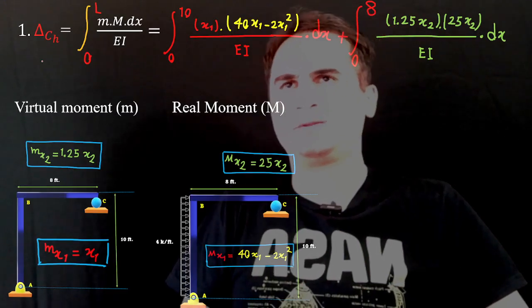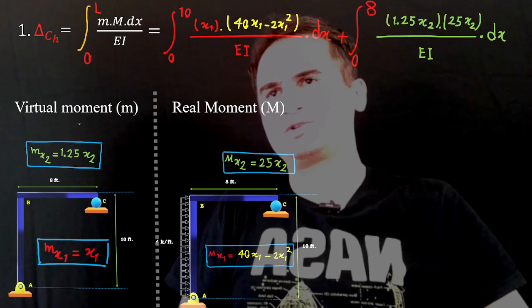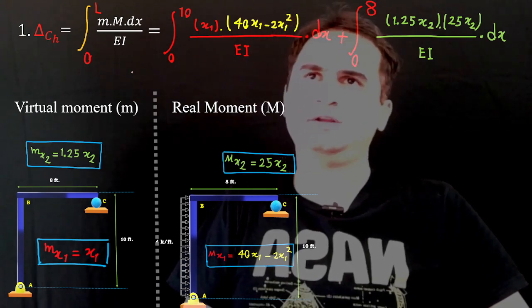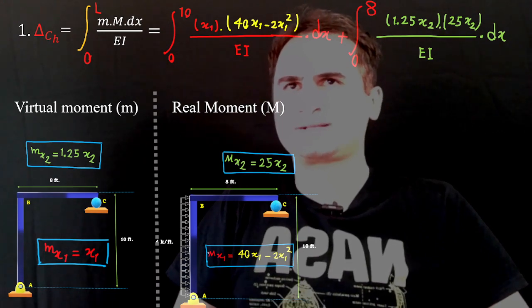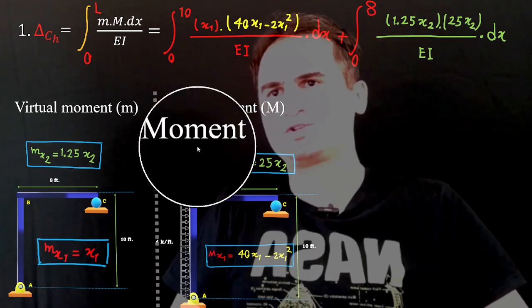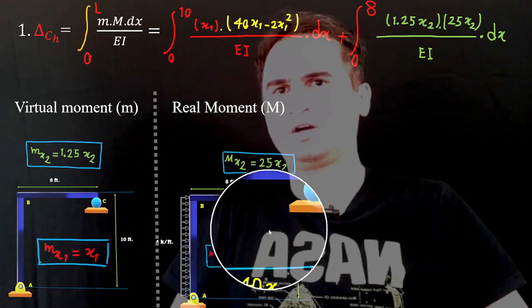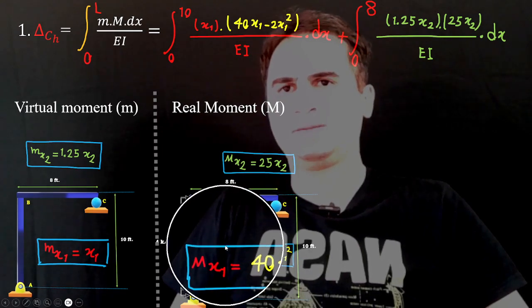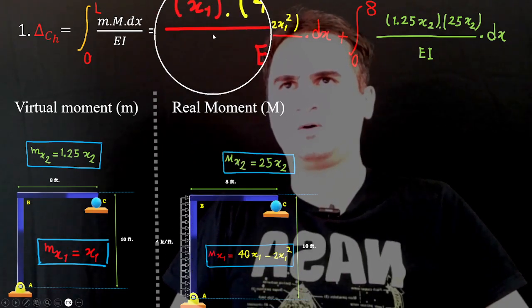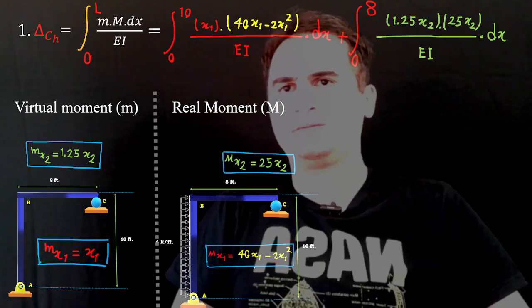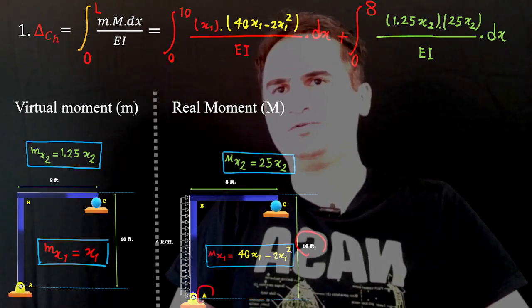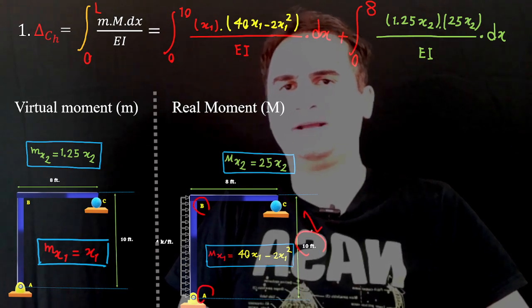As soon as we replace them in our equation, for part 1 we have small m(x1) times capital M(x1), integrated from 0 to L, because the length from A to B is equal to 10 feet.